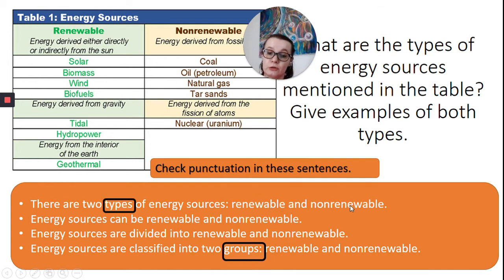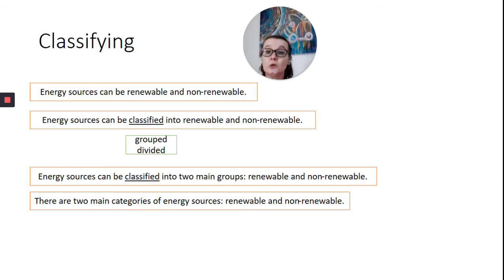Here we talk about 2 groups, and then we put the colon, and we give them a name, renewable and non-renewable. In the second and the 3rd sentences, we do not see any words like types, groups, kinds, or anything like this. It's just the continuation of the sentence.